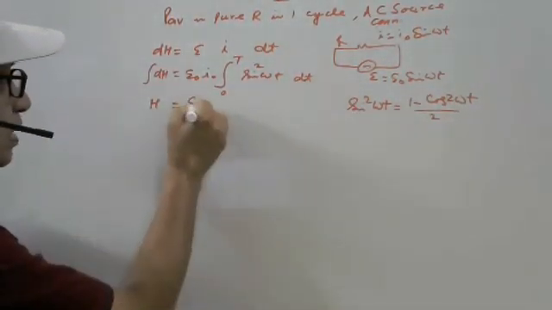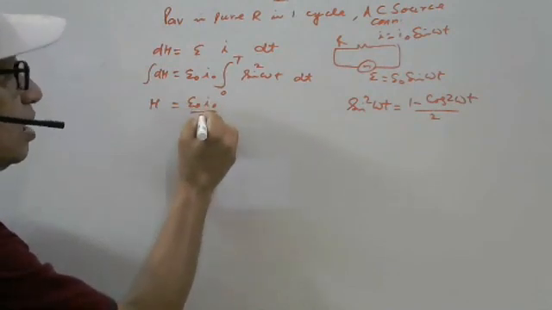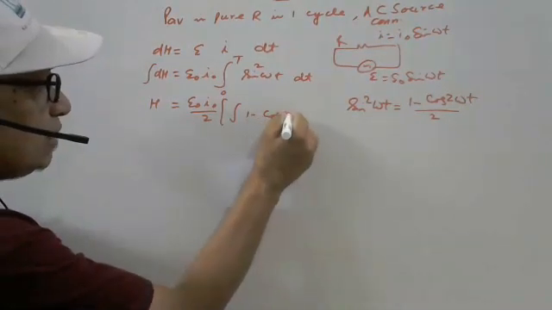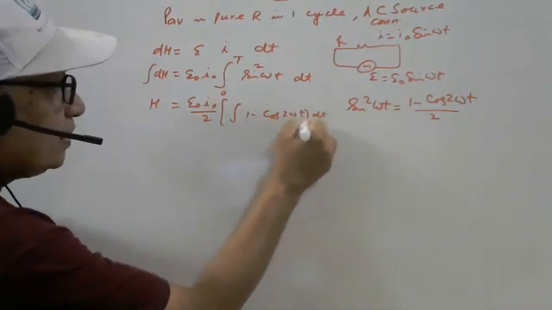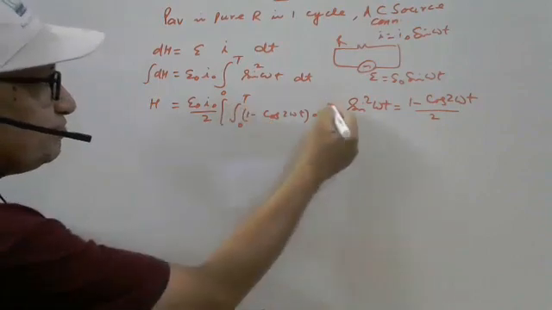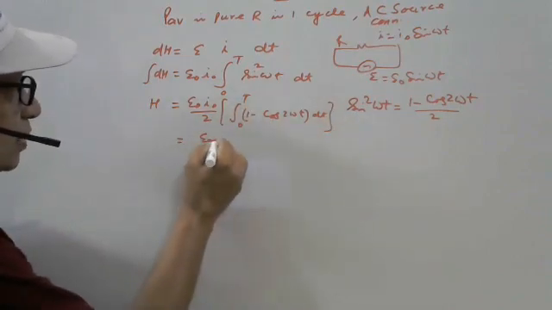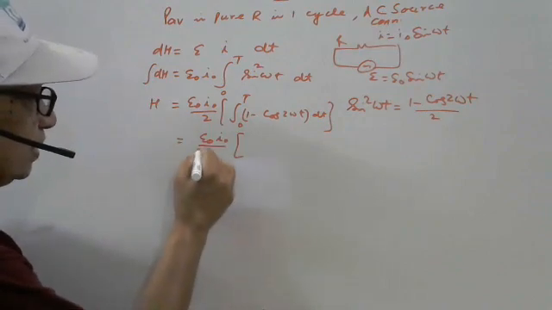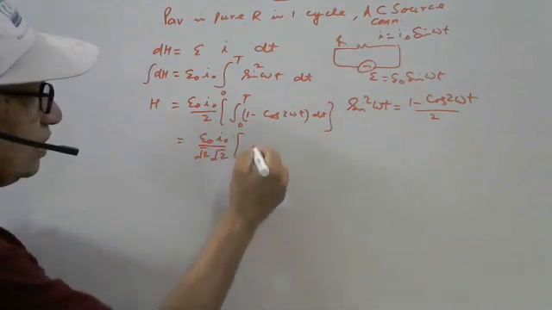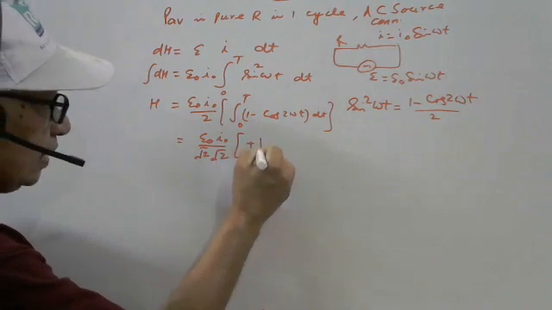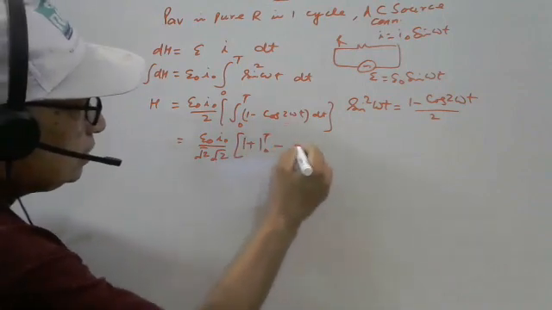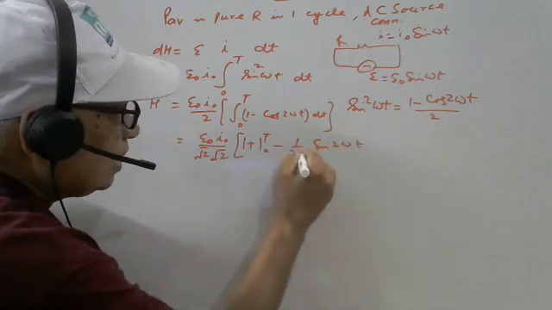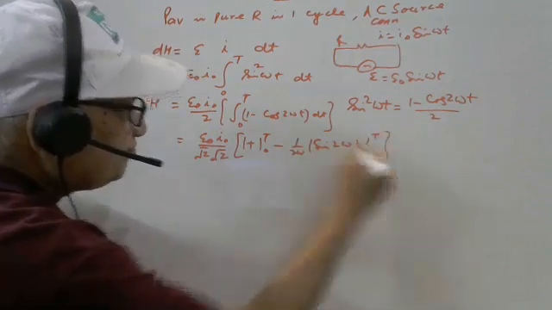If you put it here, E naught I naught upon 2 and integrating 1 minus cos 2 omega t dt from 0 to t. E naught I naught upon 2, and here it is 1 dt, so t from 0 to t, and this is cos, so sin 2 omega t upon 2 omega from 0 to t.